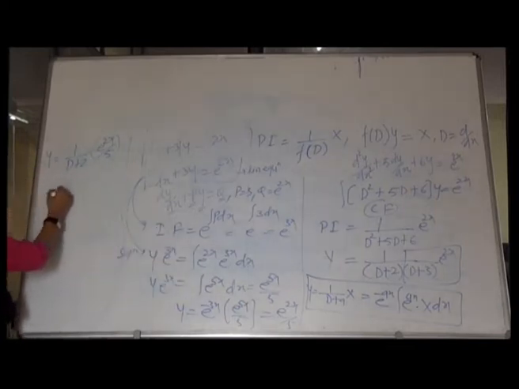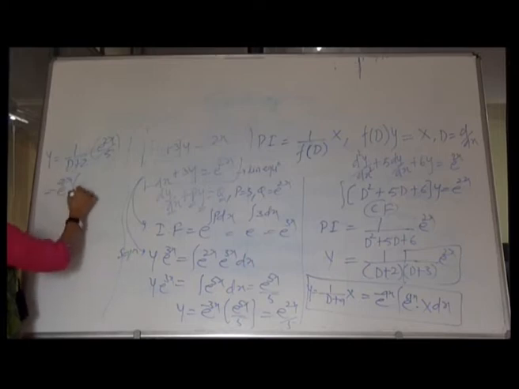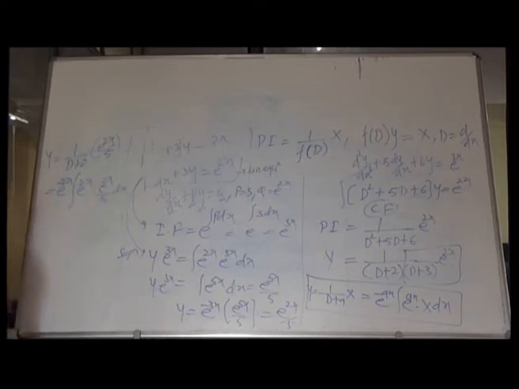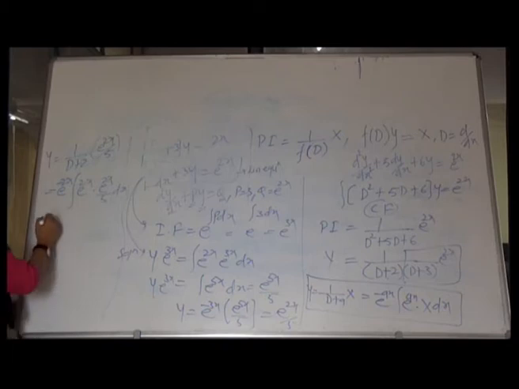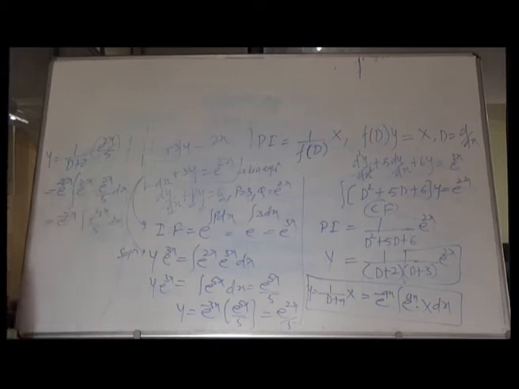Can I use this as e raised to minus 2x integral e raised to 2x multiplied by e raised to 2x divided by 5 multiplied by dx, that is, in this factor multiplied by capital X, where capital X is this function. This gives me e raised to minus 2x into the integral of e raised to 4x divided by 5, multiplication of two terms.